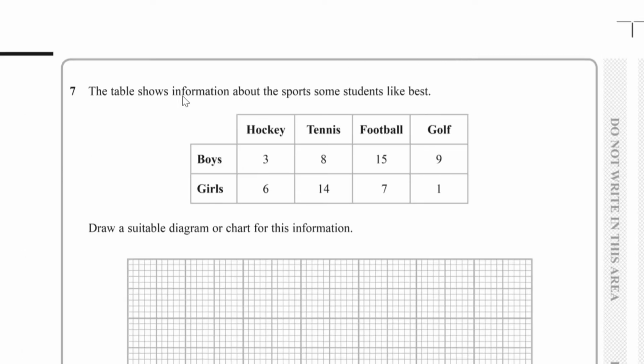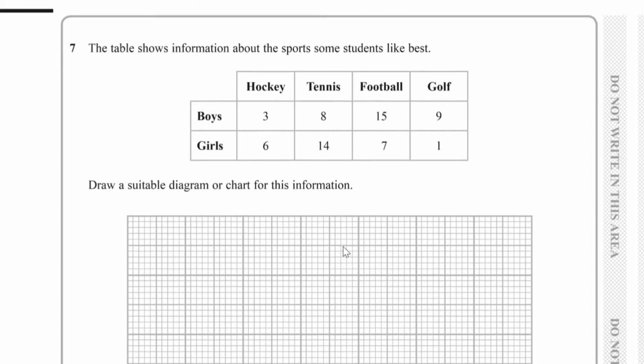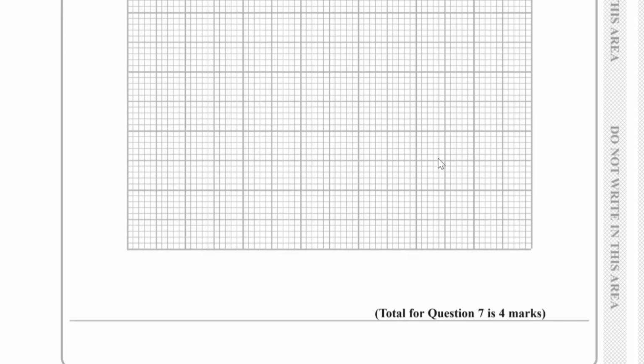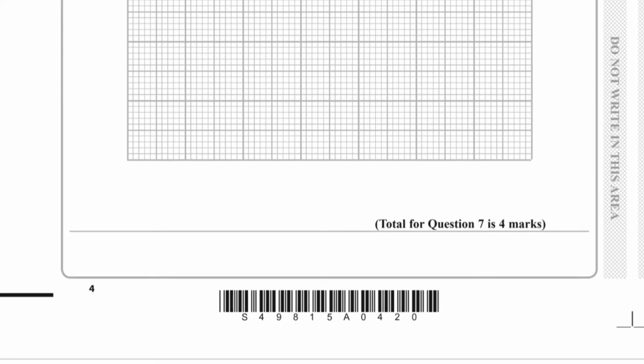Question number 7. The table shows information about the sports some students like best. We have to draw a suitable diagram or chart for this information. What we can do is draw a bar chart. Now, we've got hockey, tennis, football and golf. So what we'll do is we'll add those on. So that's what we see here.